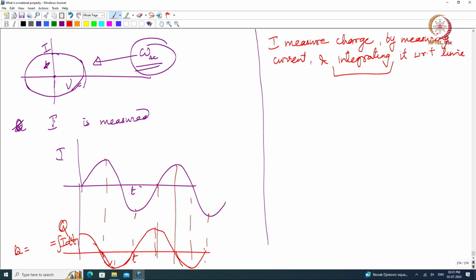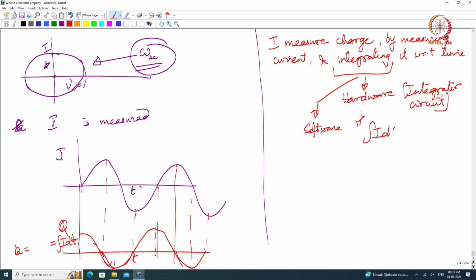Now, this integration can be done using a hardware integrator, what is called an integrator circuit, or I can just do it in software. It's easy. I just need to do this calculation, integral I dt, in software. If you want to be very precise in charge measurement, you want to use a charge integrator, but if I have large enough currents and I trust my current measurement, I can just do this integration in software.